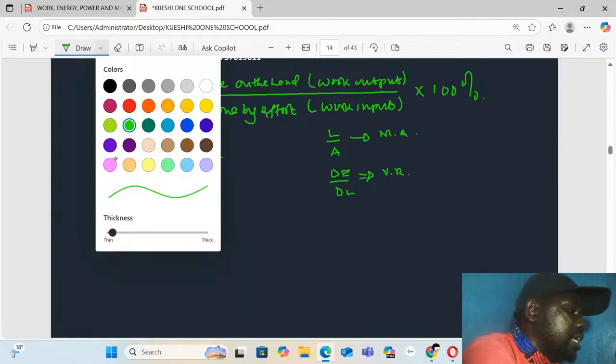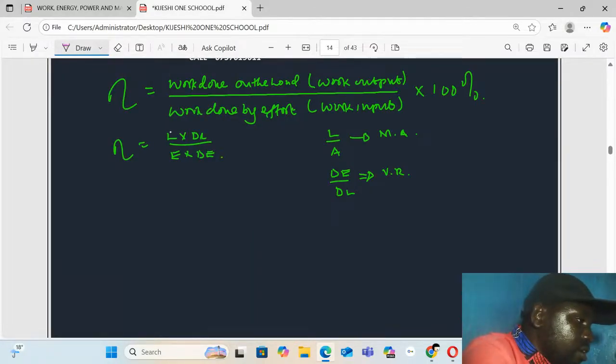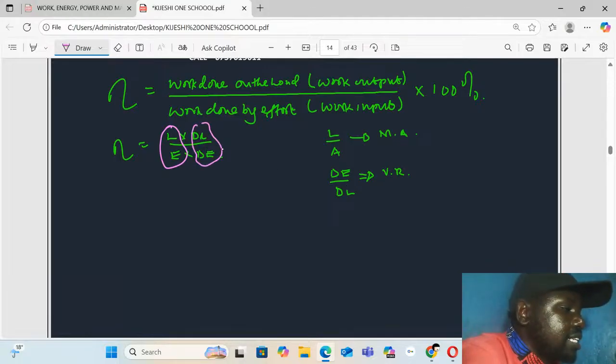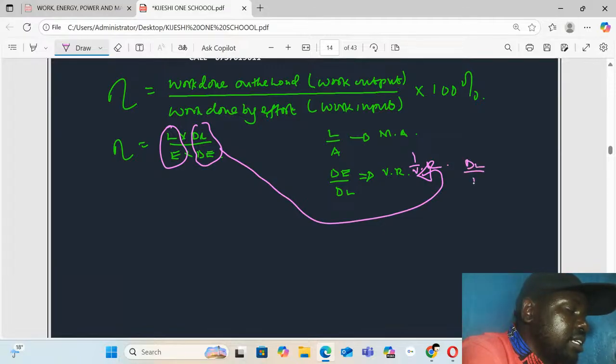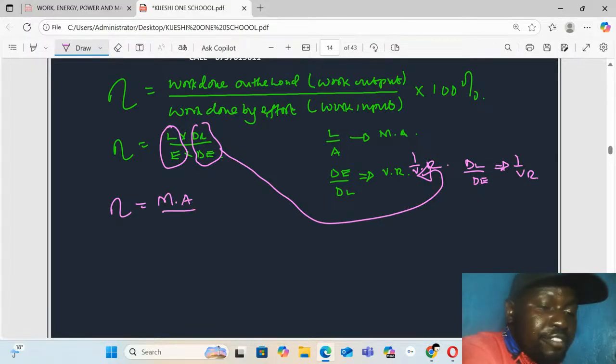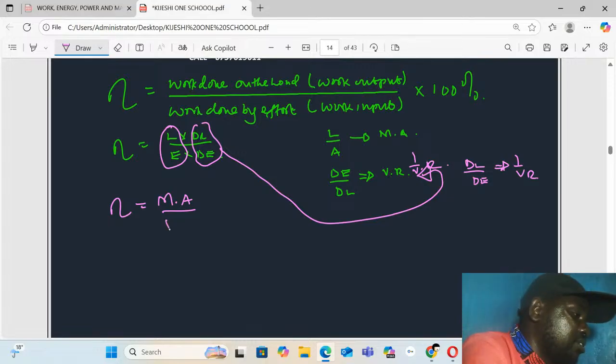So you pick these parts and these other parts, and you'll find that dL over dE is given as 1 over VR. Therefore, we can say efficiency is also given by the mechanical advantage over velocity ratio times 100%.